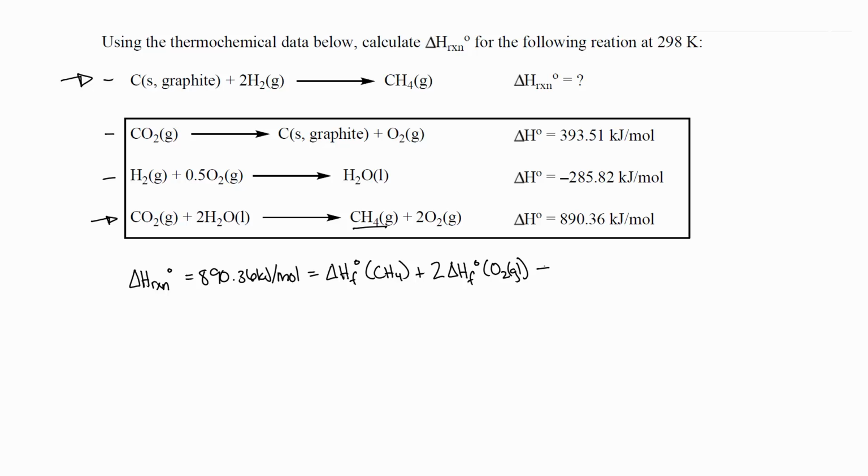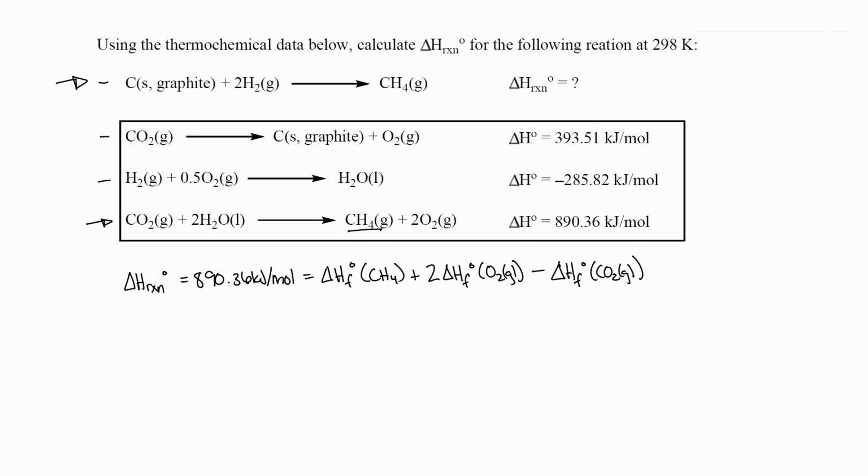Now we need to subtract the enthalpies of formation of the reactants. So delta H formation of carbon dioxide as a gas, and we also need to subtract 2 times the enthalpy of formation for water.